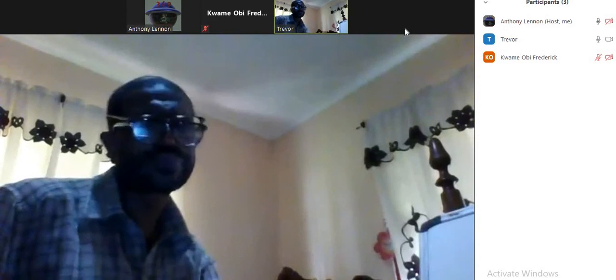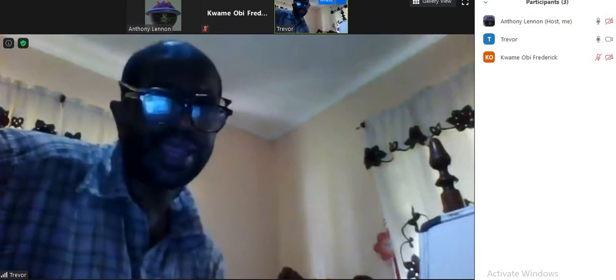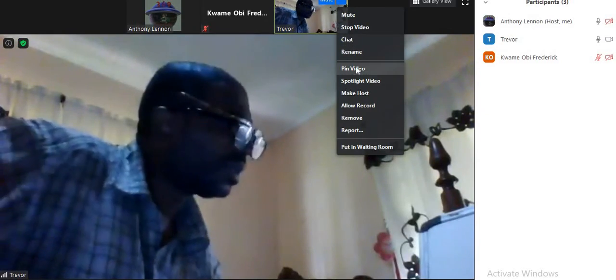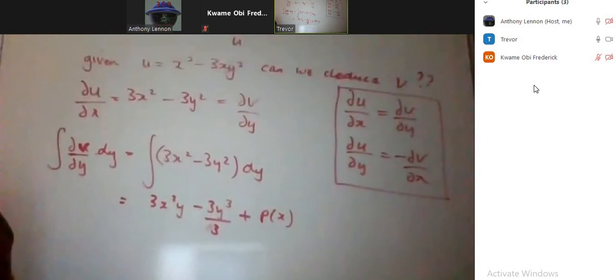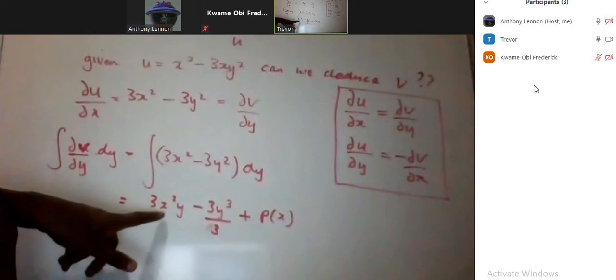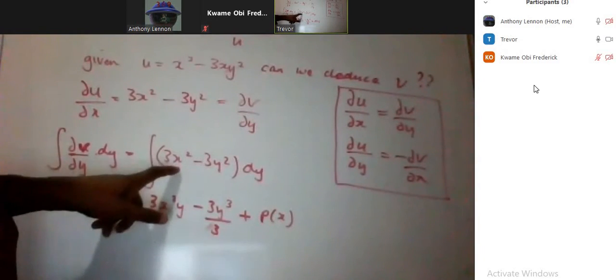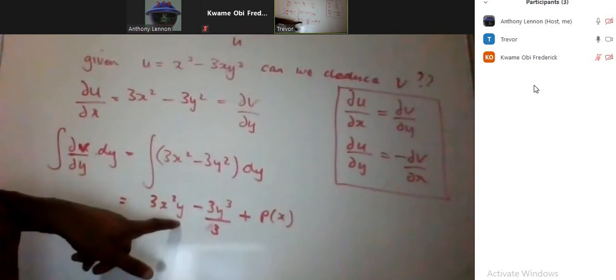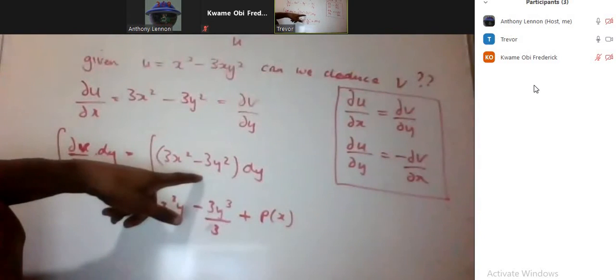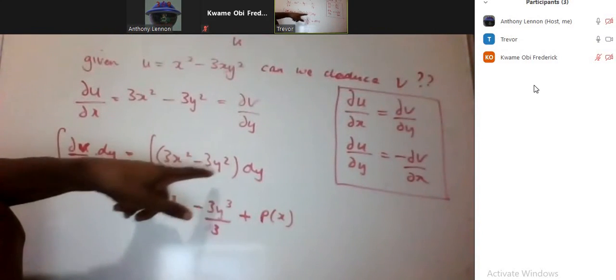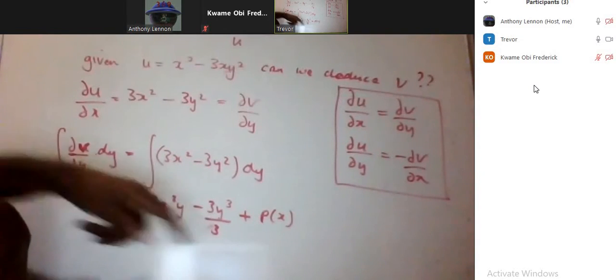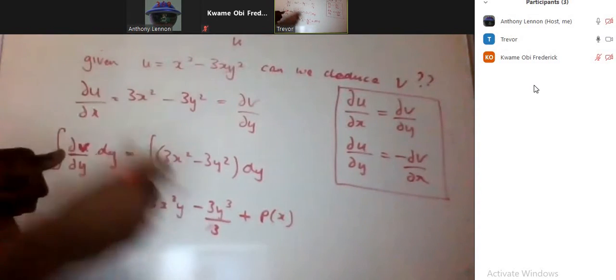Rightio. Back again, as is always the case. So now let's look at what we did here. When you integrate with respect to y, this is a coefficient, so you get y. When you integrate y squared with respect to y, you increase the power by 1, and it becomes y cubed over 3.